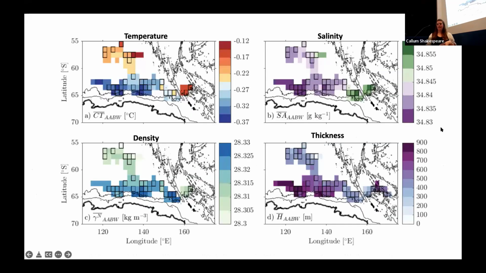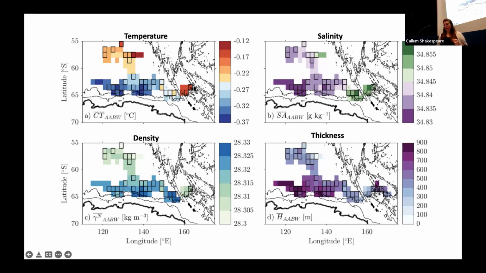And so this is the same information now plotted on a map and averaged in 1 by 2 degree little boxes throughout the basin. The boxes here that are outlined in black have more than 5 profiles in them, so we have a bit more confidence in those averages. And you get the same story.